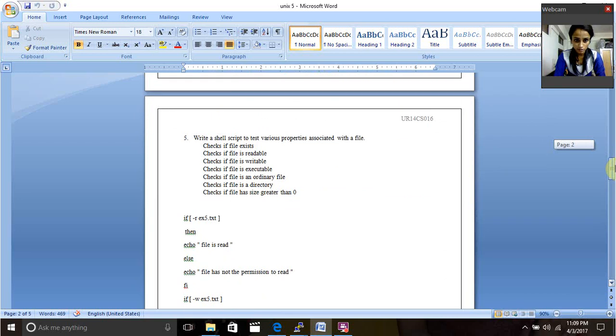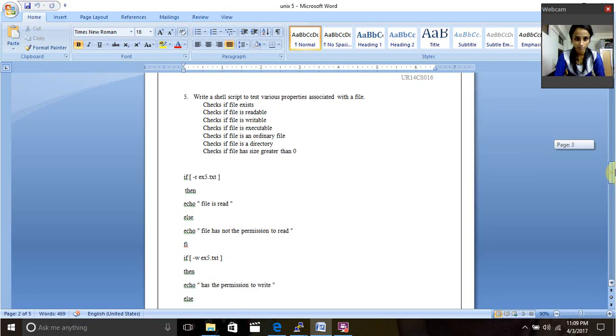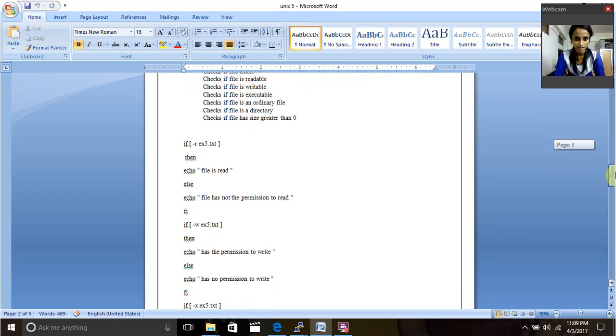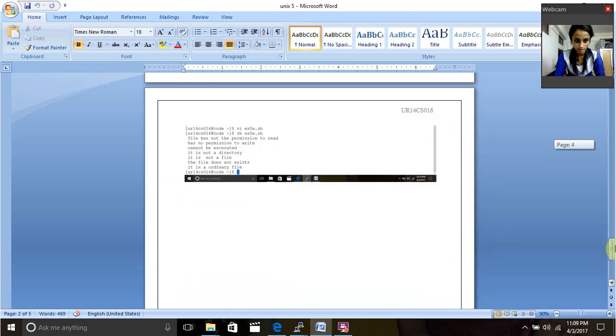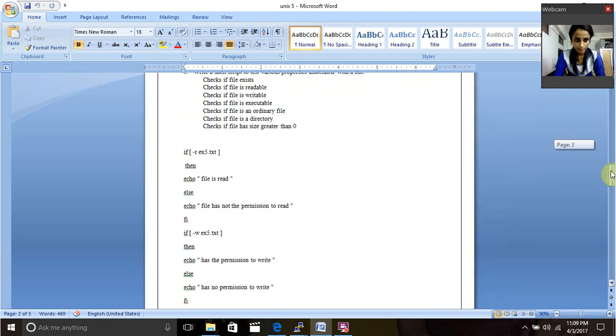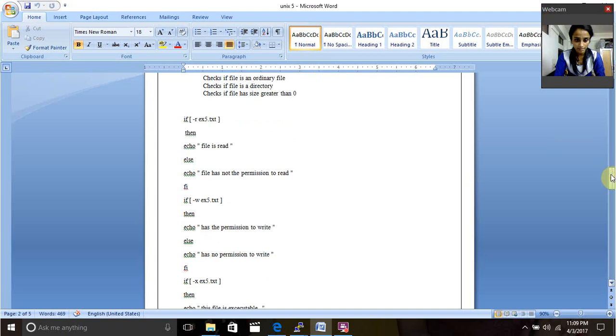Next question is to write a shell script to test various properties associated with a file, to check if the file exists, is readable, writable, executable, an ordinary file or directory, and so on. So here I'm going to write a program where I'm going to check if -r ex5.txt, that is if it has read permission.